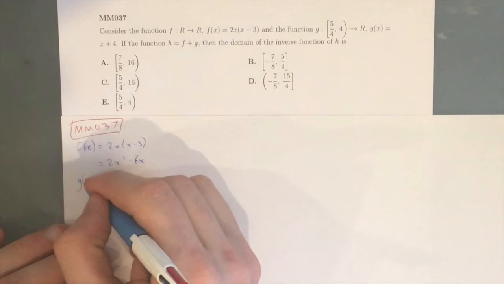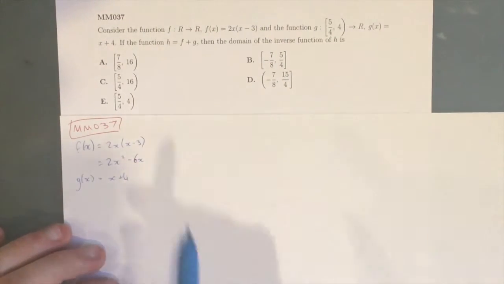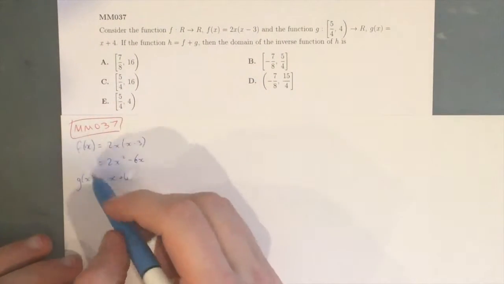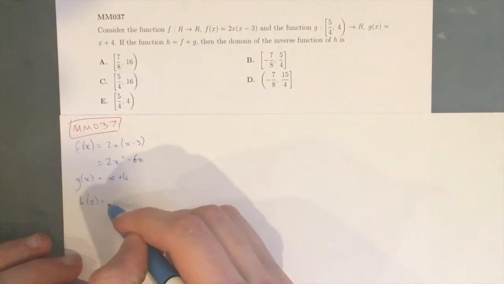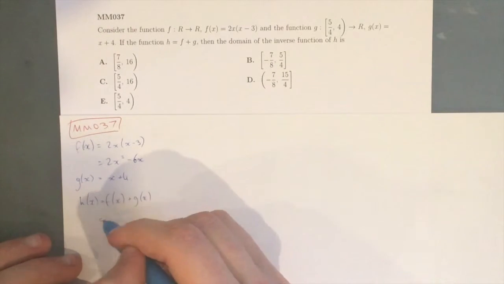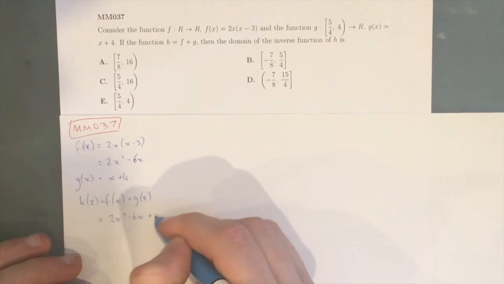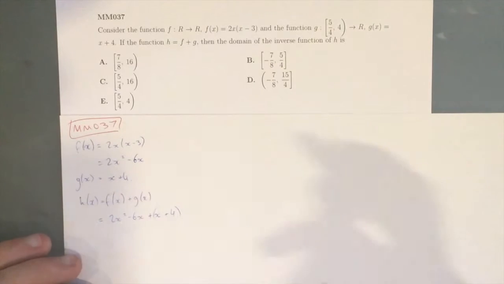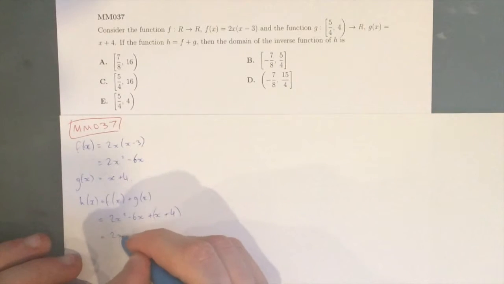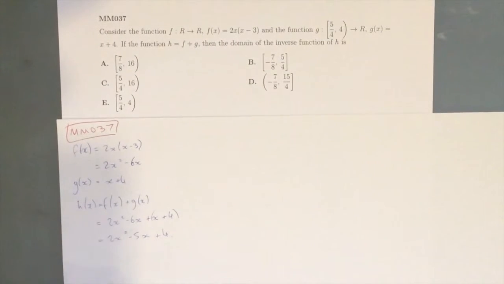We also know that g of x is equal to x plus 4, and we're wanting to find h, which equals f plus g. So h of x equals f of x plus g of x, which equals 2x squared minus 6x plus x plus 4, which gives us 2x squared minus 5x plus 4.